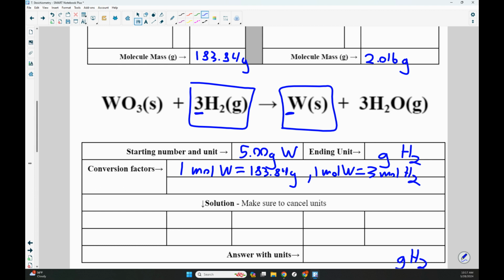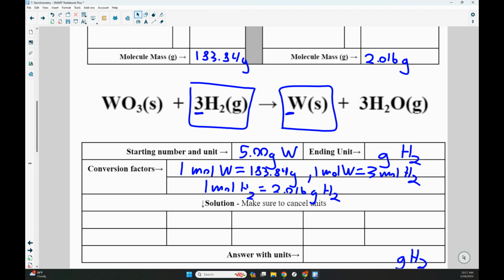Okay, finally, we need to convert from moles of H2 into grams of H2, so I'm going to use the molar mass of H2 as a conversion factor. I need to be careful and label what we're talking about here. So 1 mole of H2 is going to be equal to 2.016 grams of H2.